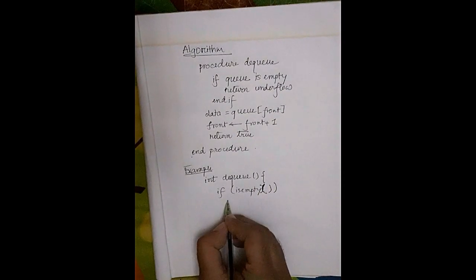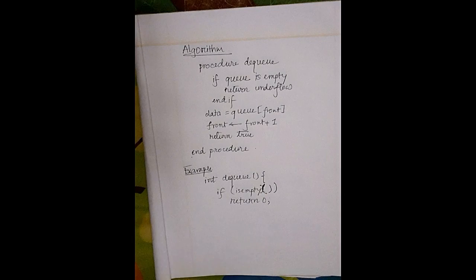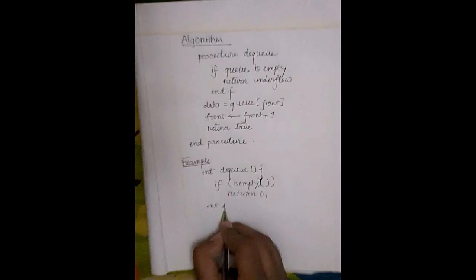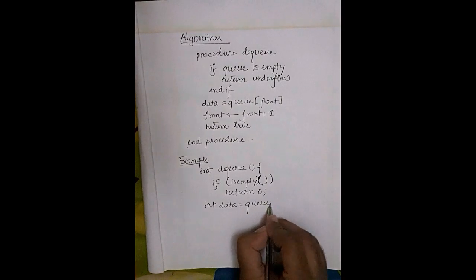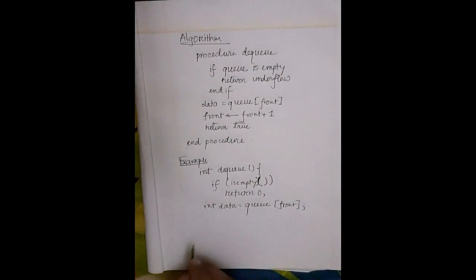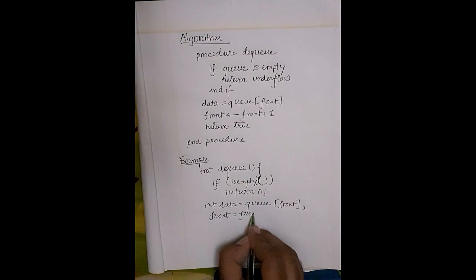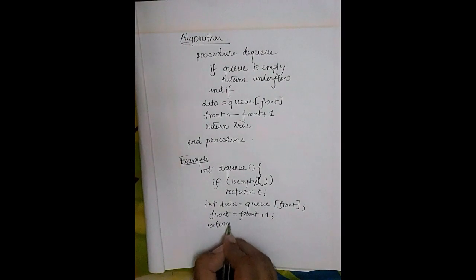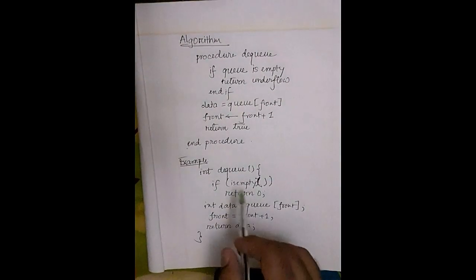Then we return 0. Then integer data is equal to q front, and front should be equal to front plus 1 and return data. So this is how the example should look.